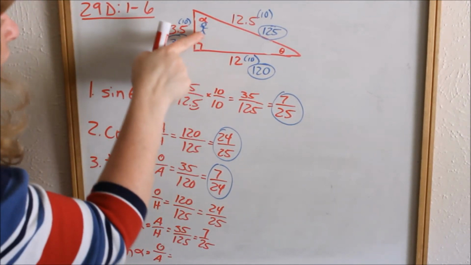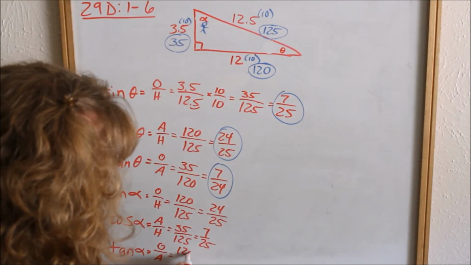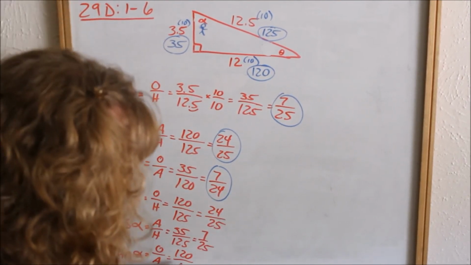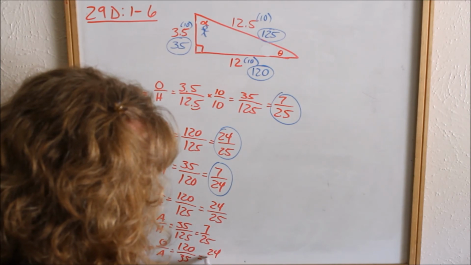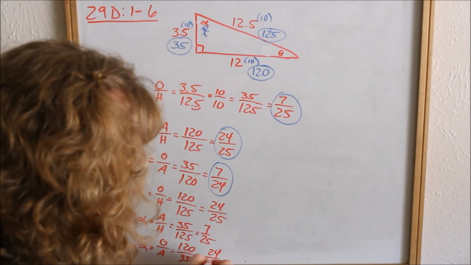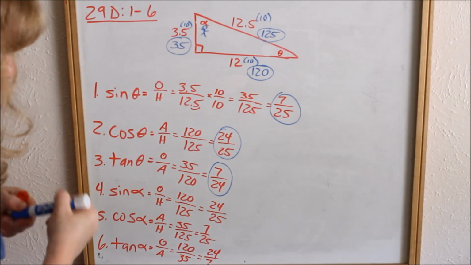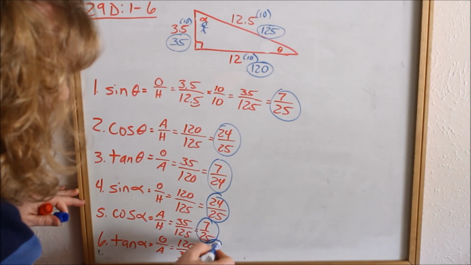If I'm standing here at alpha, the side opposite of me is 120. And the side adjacent to me, right here next to me, is 35. And that reduces to 24/7. That's a 7 down there. So these are your final answers: sine alpha, cosine alpha, tangent alpha.